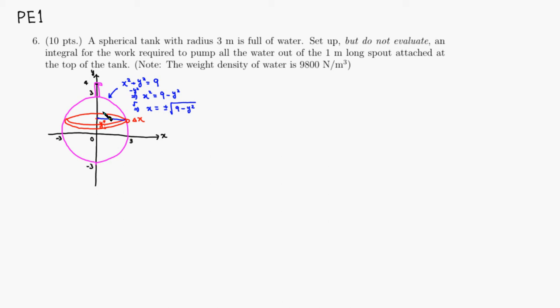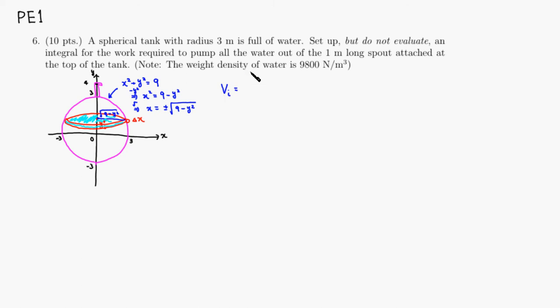So the radius is just the square root of 9 minus y squared. Let's find the volume of that piece, this disc full of water. The volume, I'm going to call it V sub i, is pi radius squared, since this is a circular disc.